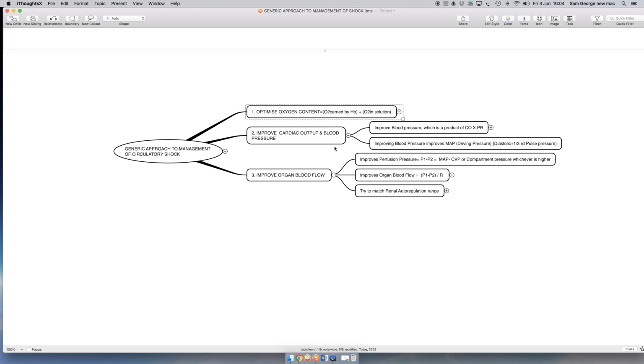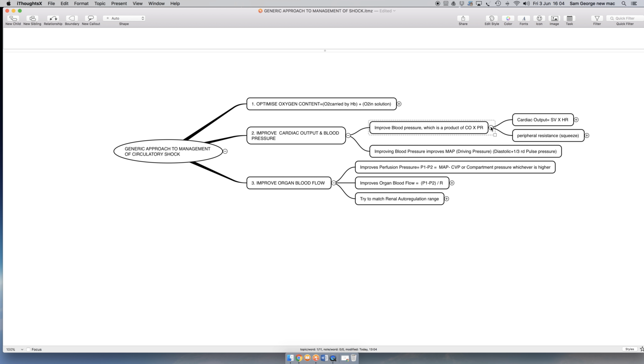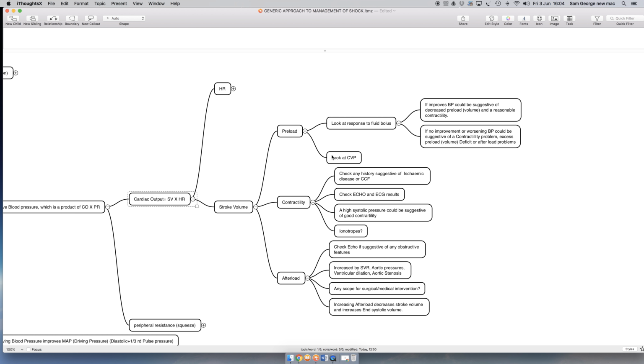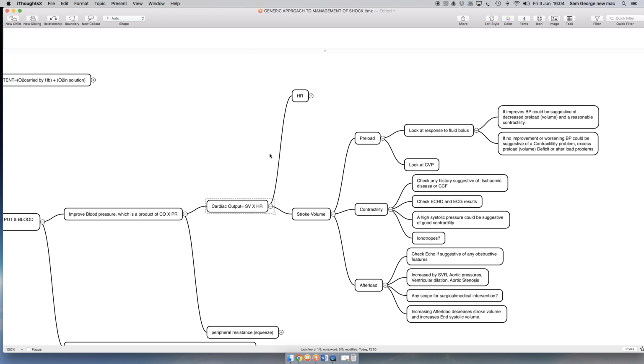Now, the next step I would do is go quickly to the patient, and my concern will be looking at the cardiac output and the blood pressure. And I'll try to improve both. How do I improve the blood pressure? First of all, knowing that it's a product of cardiac output and peripheral resistance, and cardiac output is a product of stroke volume and heart rate. My focus will straight be on heart rate, because any brady or tachyarrhythmia can be dangerous and life-threatening.